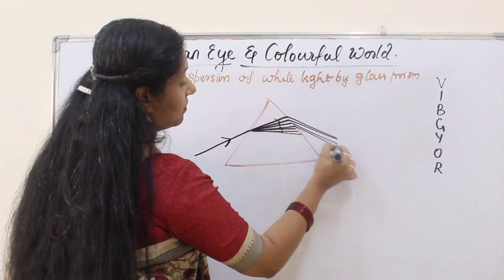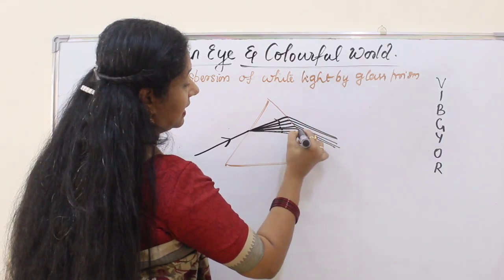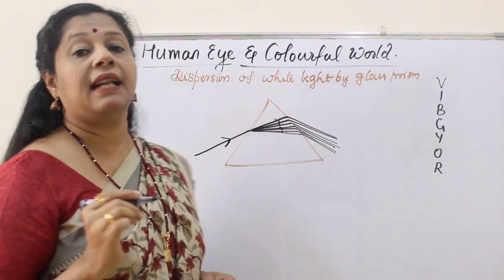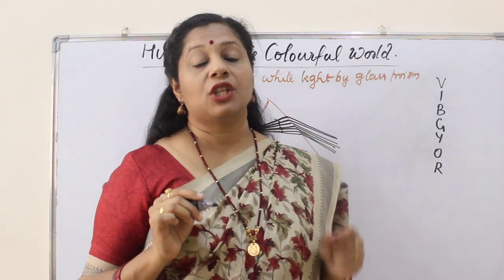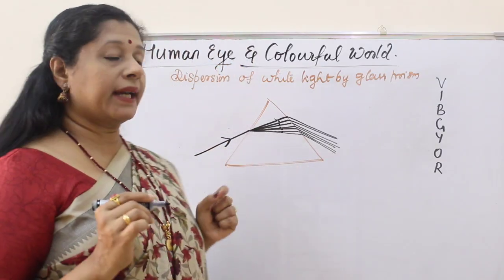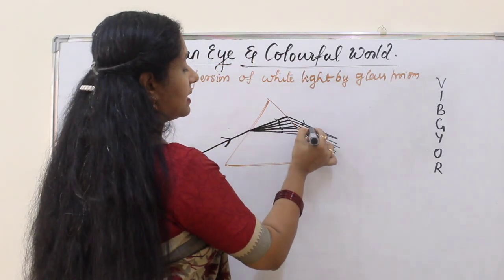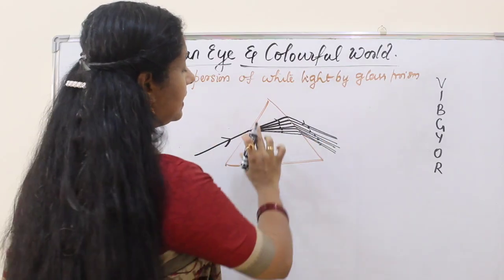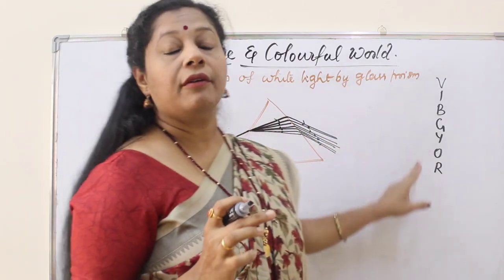In the previous one we saw only a single line because that was monochromatic light. Mono means single. There was only a single color present in that, but here it is white light. It's a combination of 7 different colors. So we can see that these are the 7 colors like VIBGYOR.